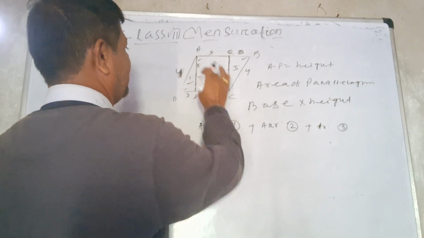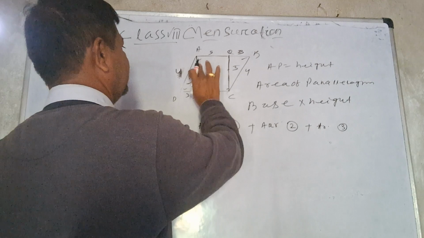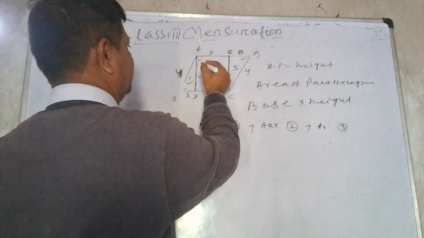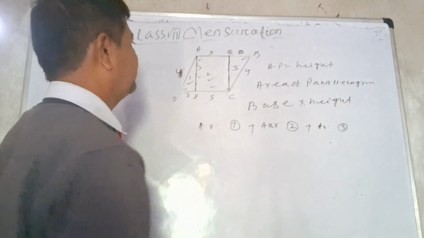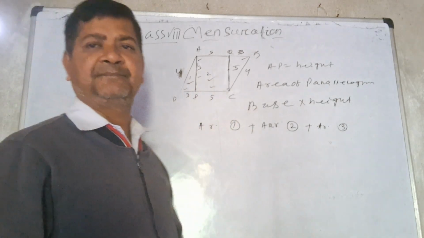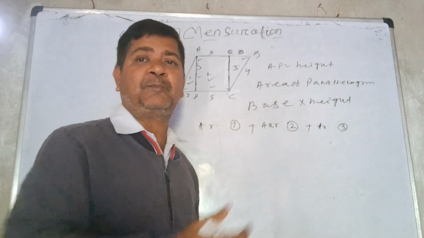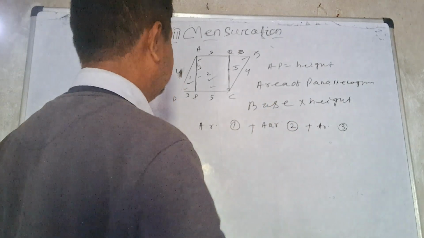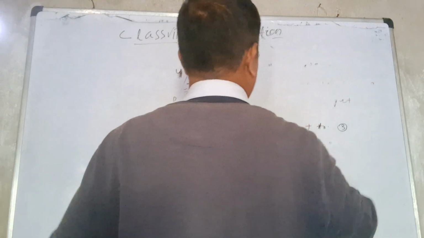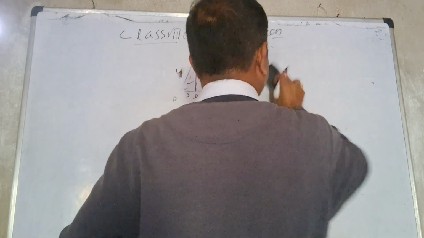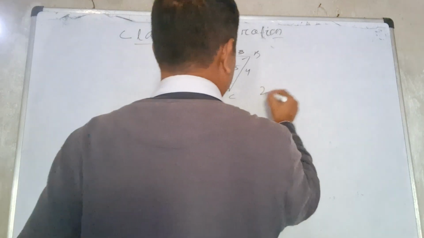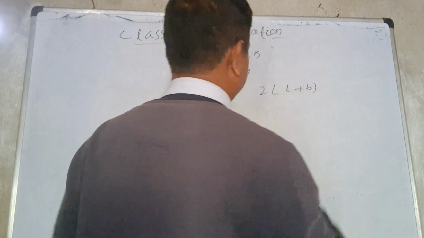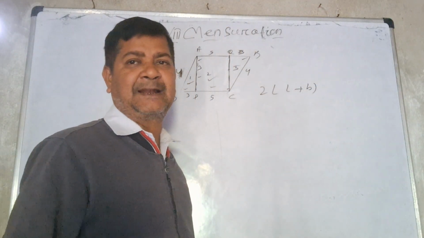Take 3 cm, then this is also 3. In this way you will be able to find the area of the parallelogram. The perimeter of the parallelogram uses the same formula as a rectangle: 2 into (L plus B).